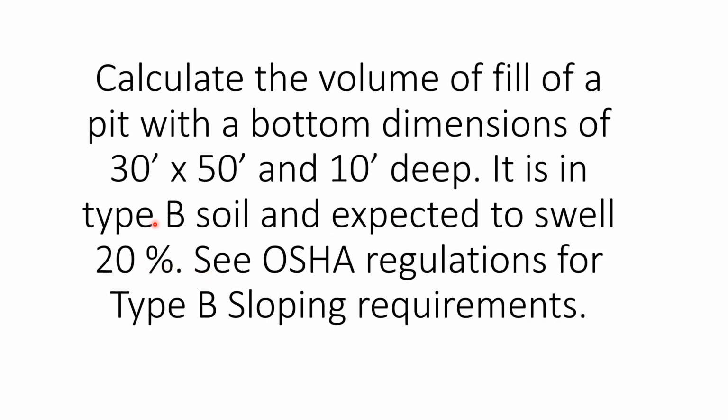Now, type B soil means you're going to have to see OSHA regulations for type B soil sloping requirements. So we can do this one of two ways. You can go ahead and hit the pause button and see if you think you can do it. That'd be great if you can. If not, I'll help walk you through one. Okay, so here we go.